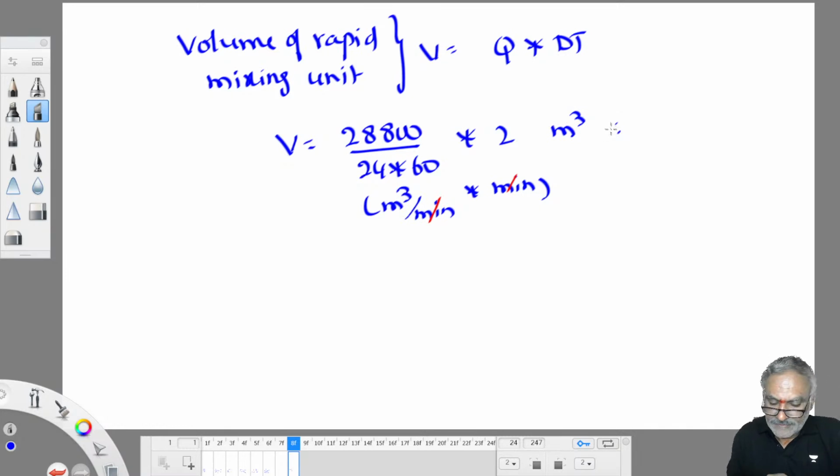Now how much is it? Meter cube per day. To convert into meter cube per minute, divide by 24 and 60. So 28,800 by 24 into 60, into 2. So it is 40 meter cube.